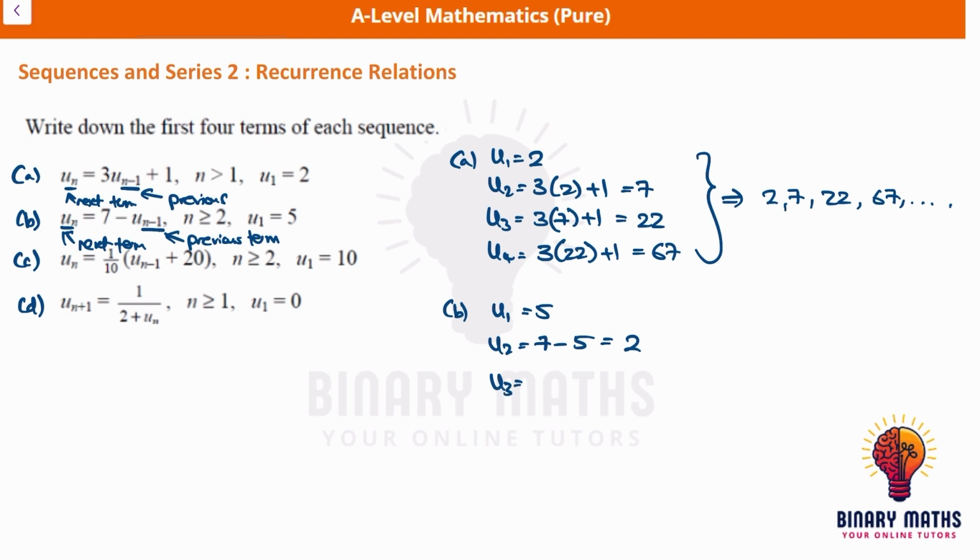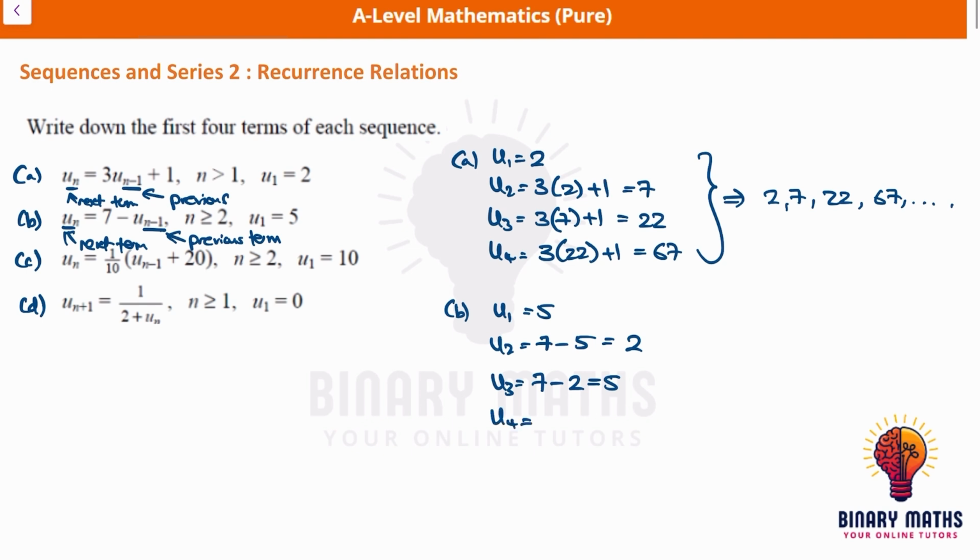To get u3, you do 7 take away the previous term, which is 2, which gives you 5. And u4 will be 7 take away the previous term, which is 5, which gives you 2. Which means you end up with the sequence 5, 2, 5, 2. Remember, we're only looking for the first 4 terms. So this B looks like it's a periodic sequence of order 2 because 5 and 2 are repeating themselves.